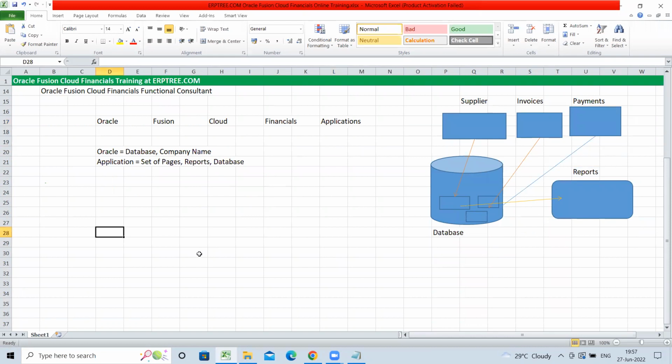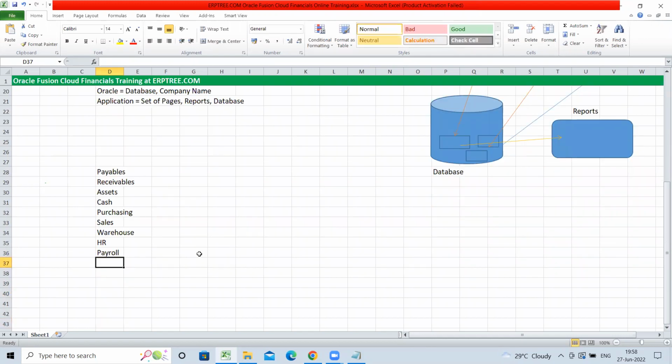In the organization, you can see different departments like payables department, receivables department, assets department, cash department, and purchasing department, and sales department, and warehouse department, HR department, payroll departments. This is how you can see different departments.